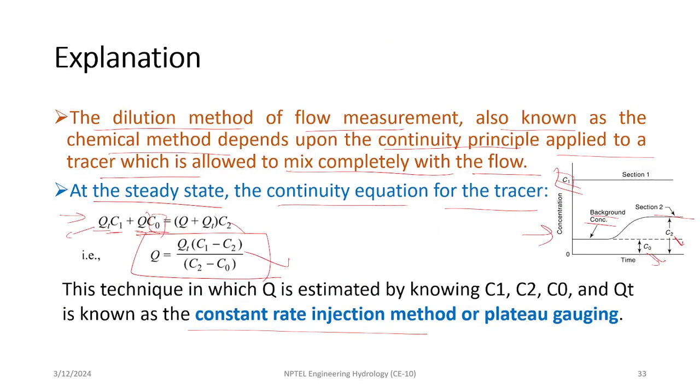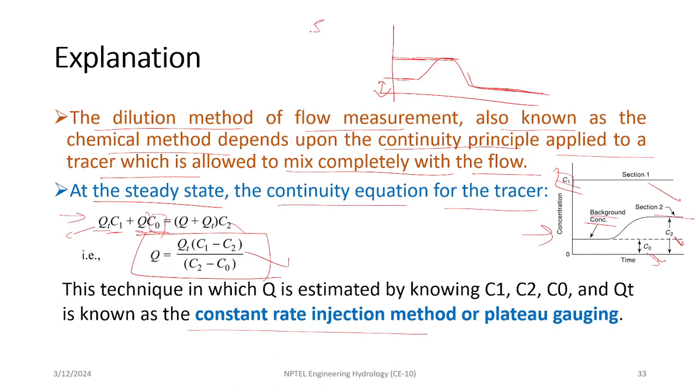There could be a possibility that we apply a salt solution suddenly, then this entire graph will change. The graph will come like this. There will be a background concentration initially, then we suddenly add the salt, so the concentration we are measuring in the river rises, and then it finally comes back to its original level.